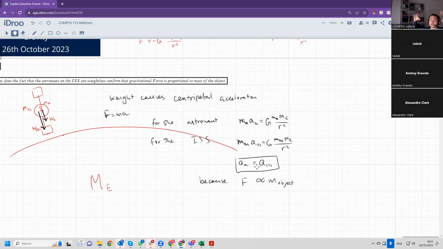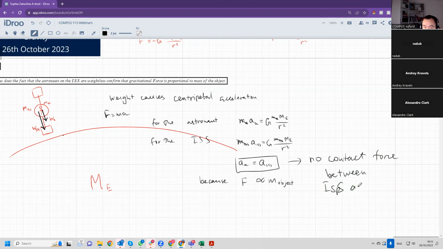That means there's no contact force between the spaceship, the ISS, and the astronaut. That is the reason.